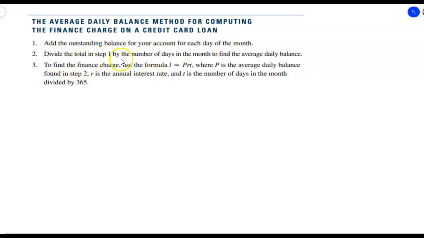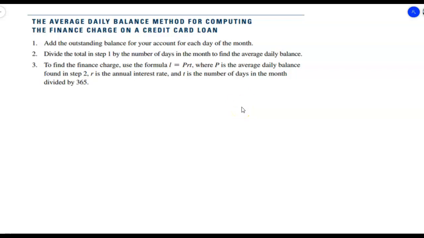Divide the total in step 1 by the number of days in the month to find the average daily balance. Then to find the finance charge, we use the simple interest formula, I is equal to PRT, where P is the average daily balance found in step 2, R is the annual interest rate, and T is the number of days in the month divided by 365.